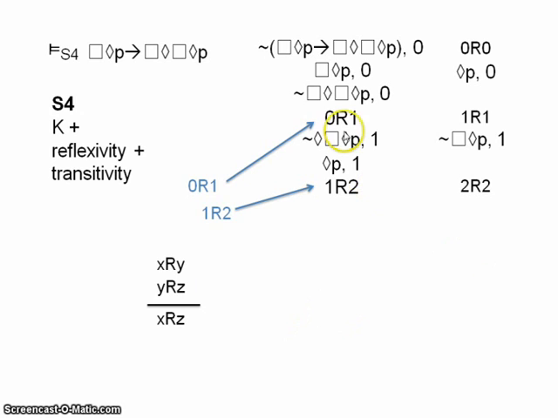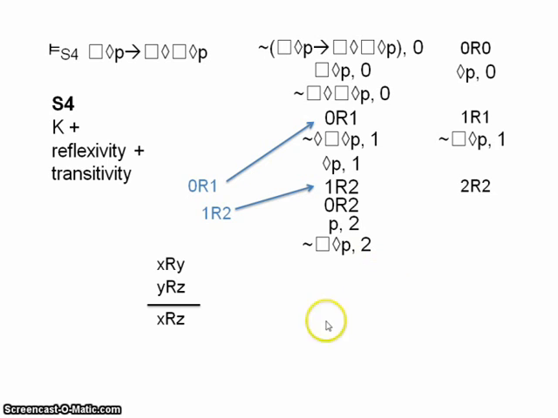So we can derive from this that world 0 here accesses world 2. Right then, we used possibly P to open this new world, so we derive P. And we can also use this not possibly necessarily up here to derive not necessarily possibly P in world 2.